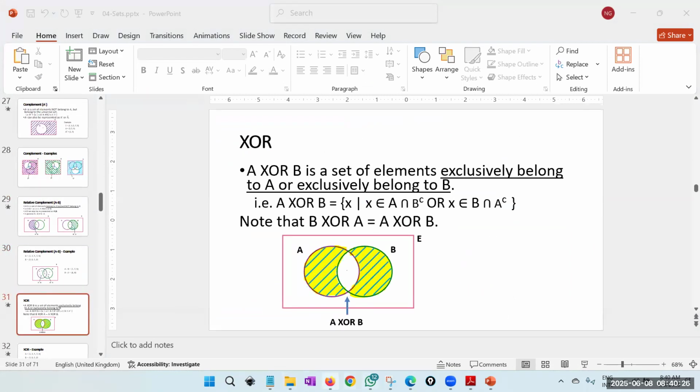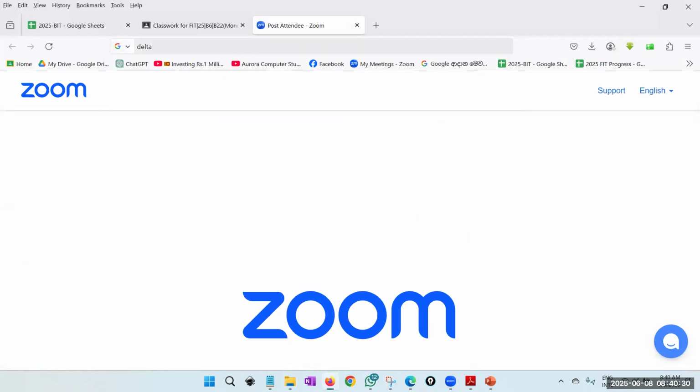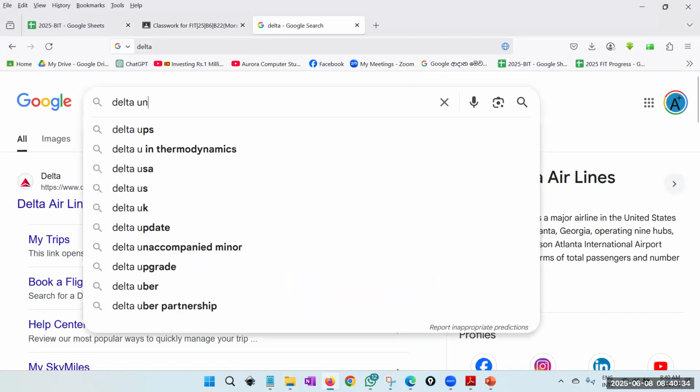Right. So another symbol for XOR is delta. Unicode.